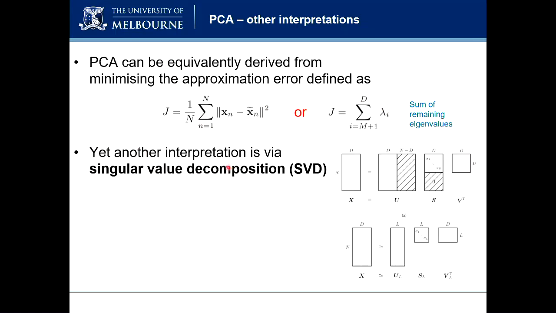Or there's yet another interpretation, singular value decomposition. You can write the whole data set, n points in d dimensions, where each row is a data vector, as a singular value decomposition, U S V transpose, and S will contain the singular values and zeros.